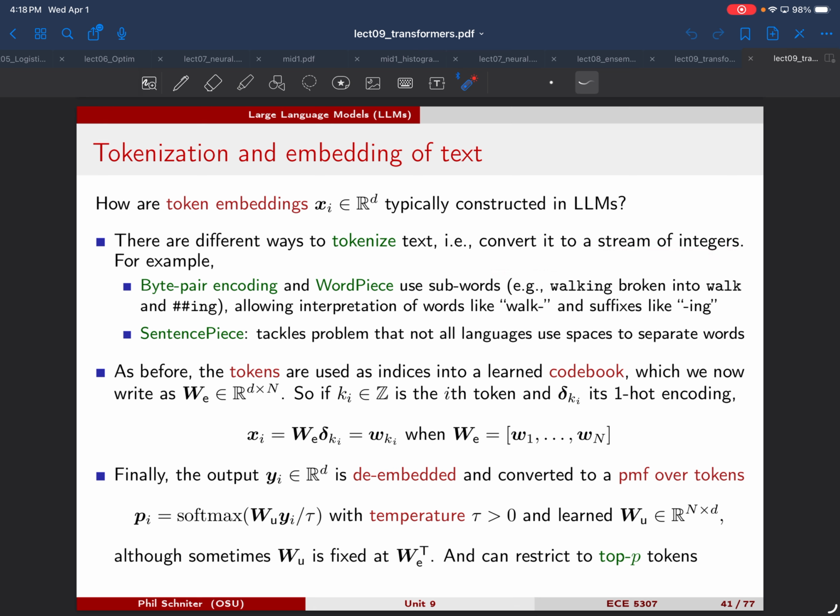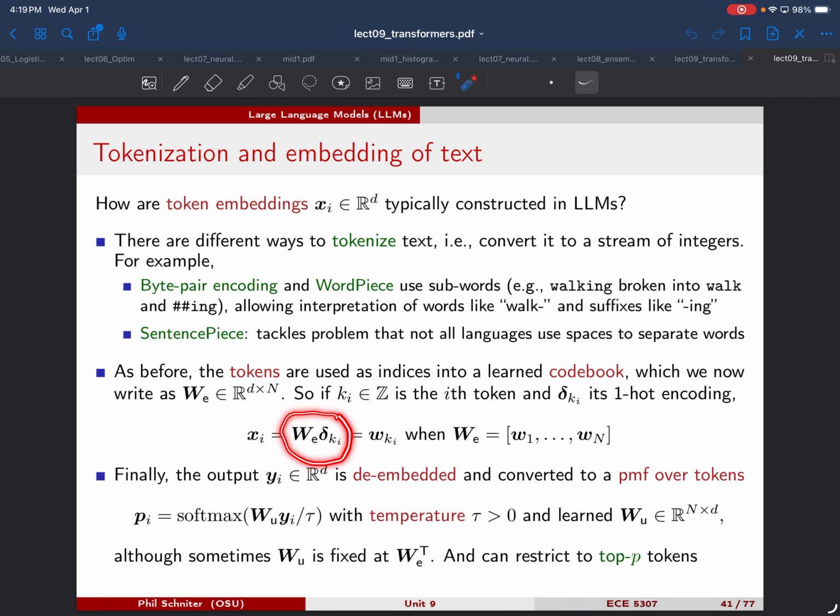For the embedding part, that is pretty much exactly the same as what we talked about before. You have some sort of vocabulary of tokens, which we're still going to call capital N, and you make an embedding matrix which has d rows and N columns, one for each of your tokens.